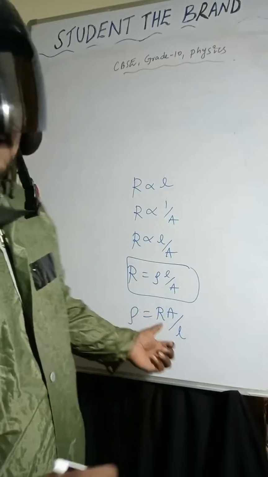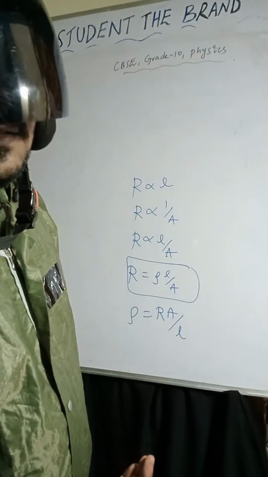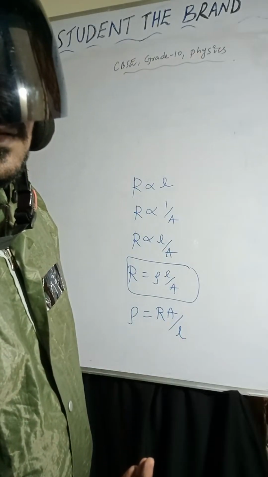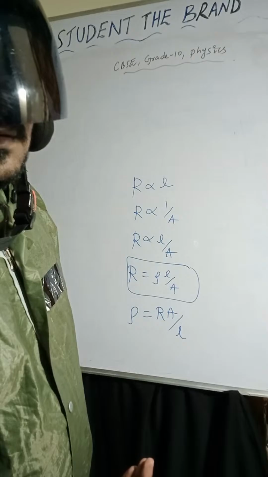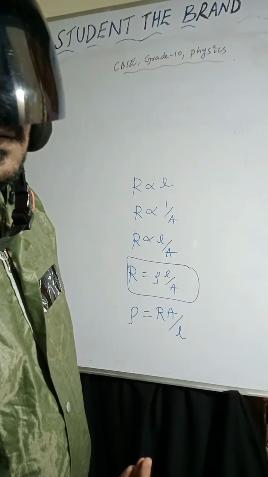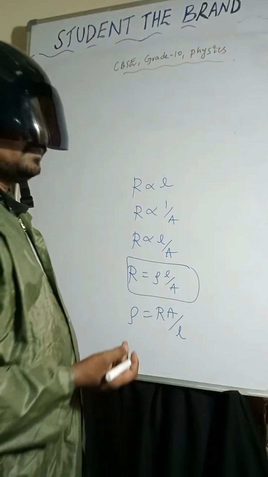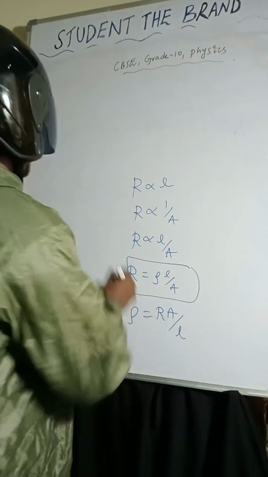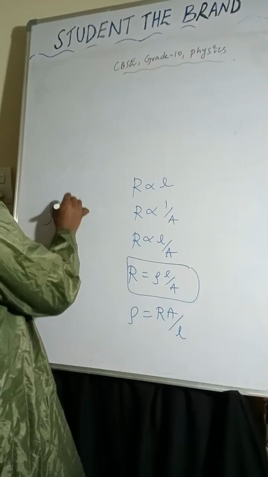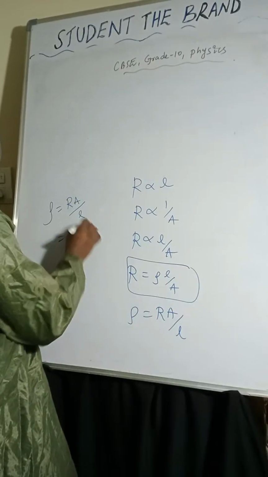What is the SI unit of resistance? Ohm. So rho equal to RA by L. SI unit of resistance is ohm.